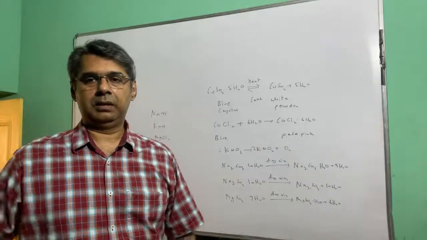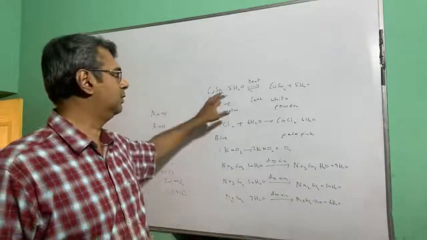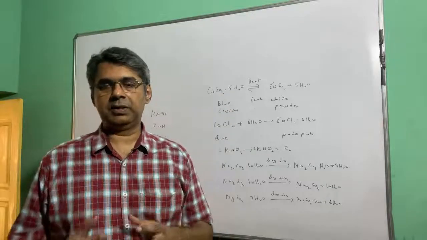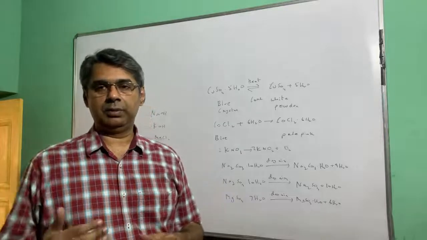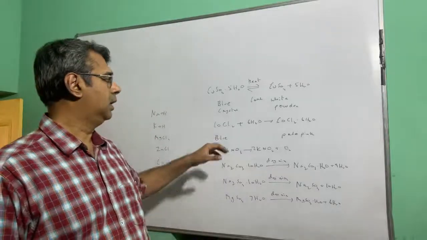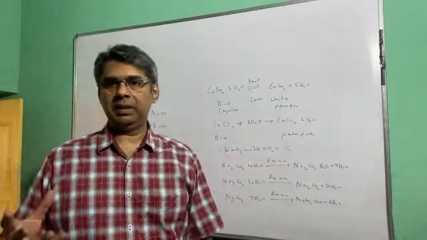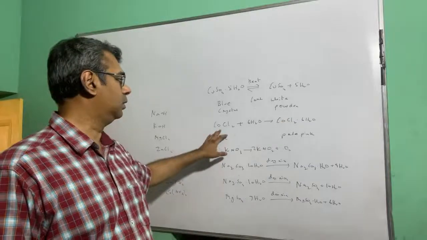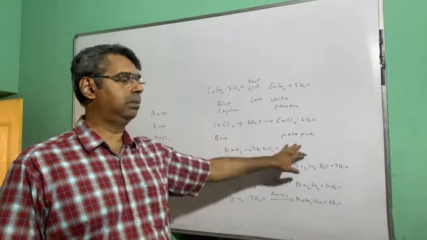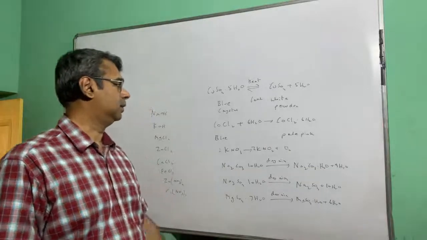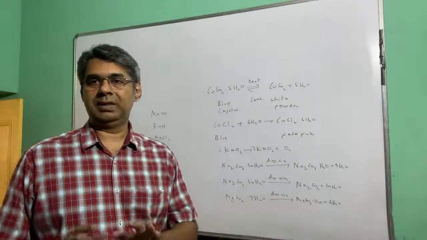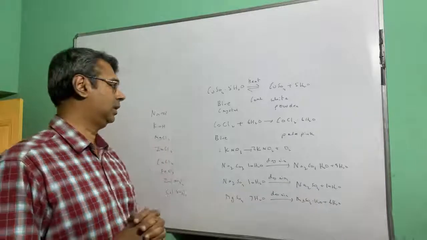So once again, in the test tube in which you are heating the copper sulfate crystal, at the upper end of the test tube, if condensation takes place, the liquid obtained will turn cobalt chloride from blue to pale pink. That clearly shows that the liquid is only water, it doesn't have any copper sulfate at all.